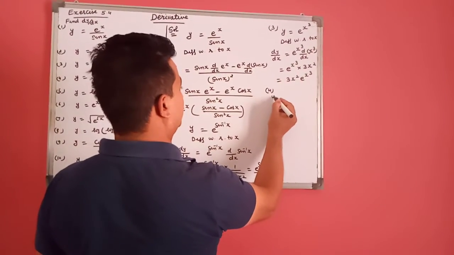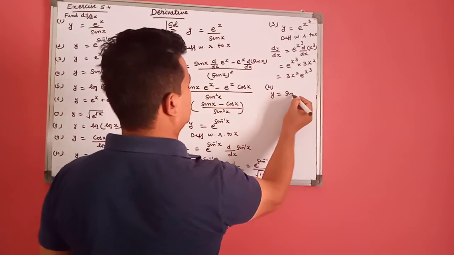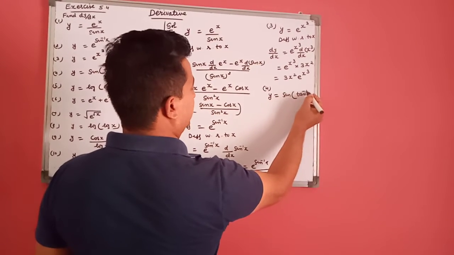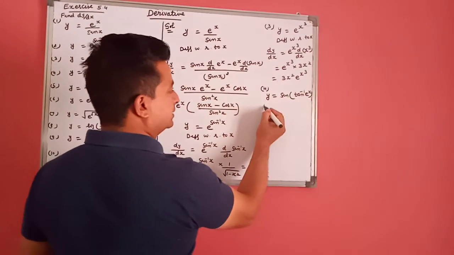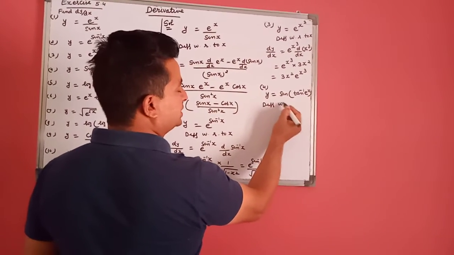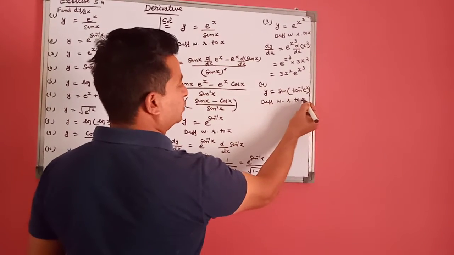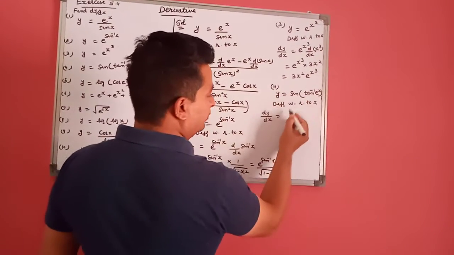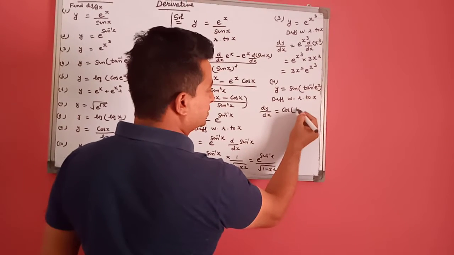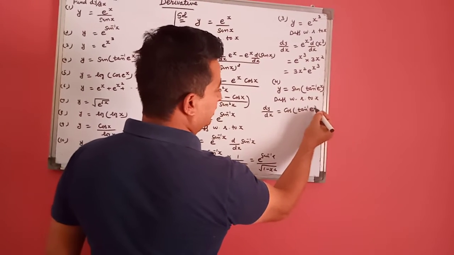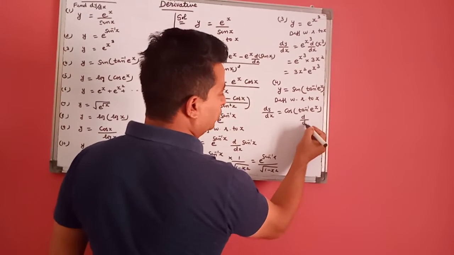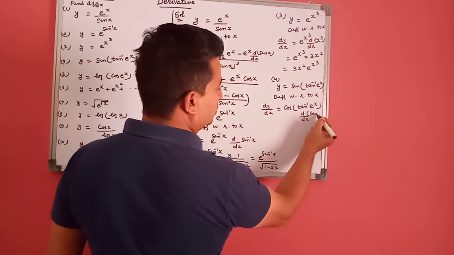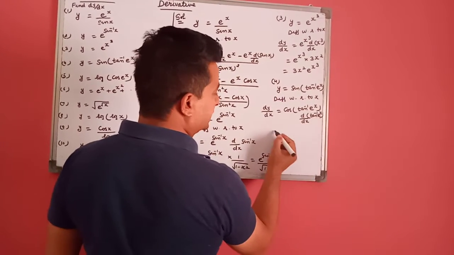In question number 4, y is equal to sin tan inverse e to the power x. When we differentiate with respect to x, dy upon dx, differentiation of sin is cos tan inverse e^x, into differentiation of tan inverse e^x.